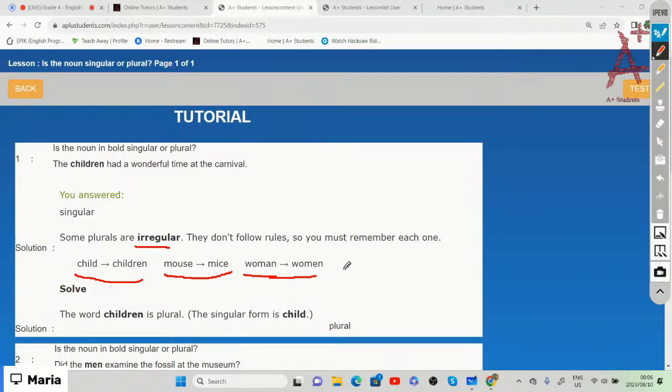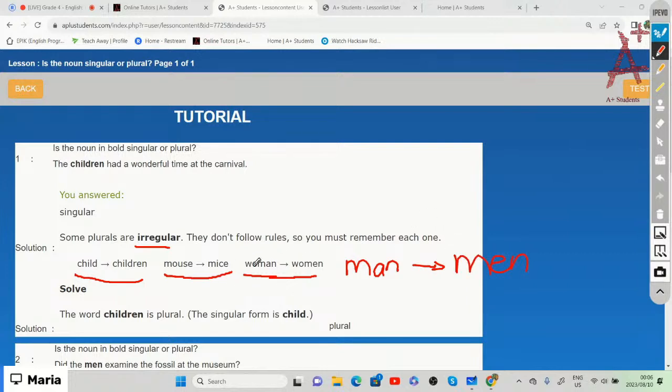It's like saying one man and men, right? So in this case, woman with the A and women with an E shows plural. Or we can have one man, and then we have more than one men.